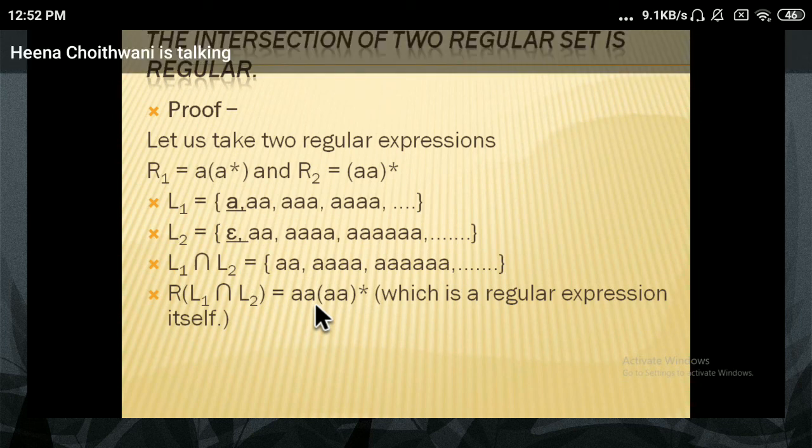You can write AA plus also, but we don't have any rule saying that the positive closure of your string is regular. The rule is for star closure, right?